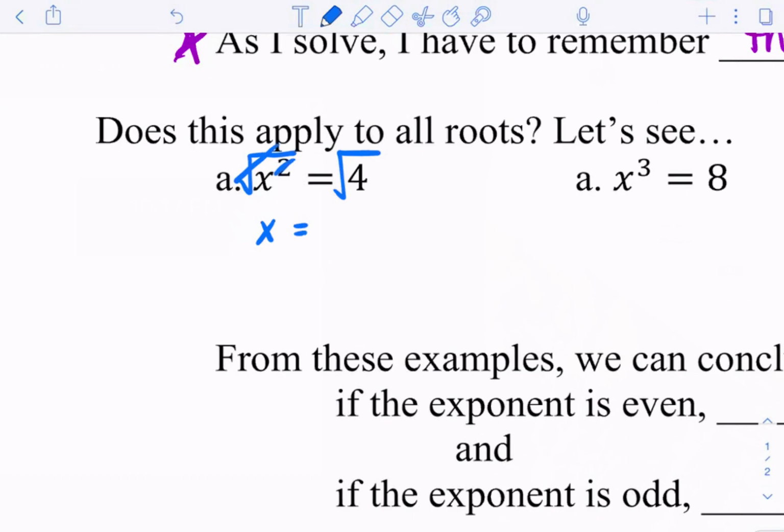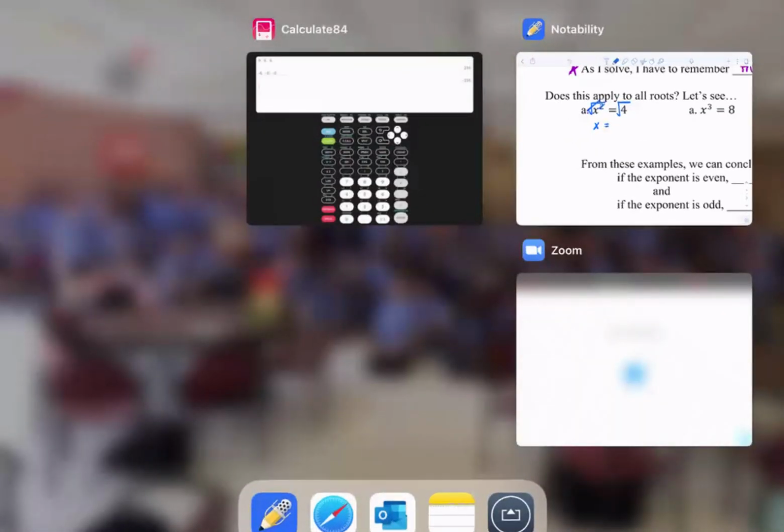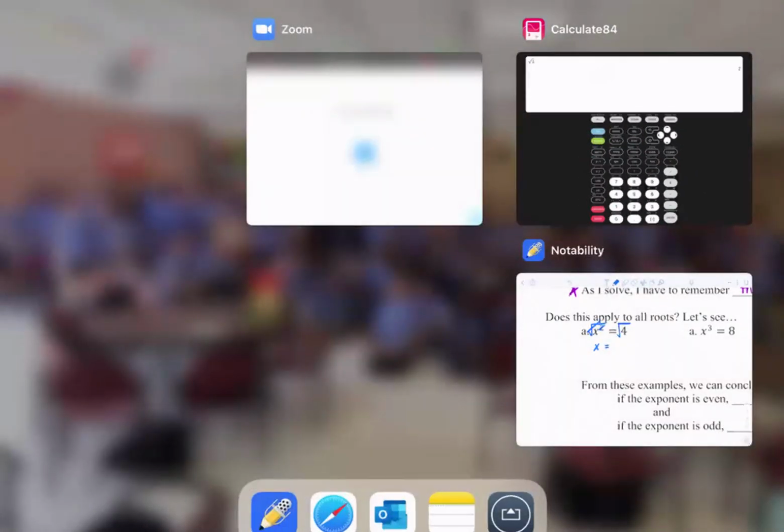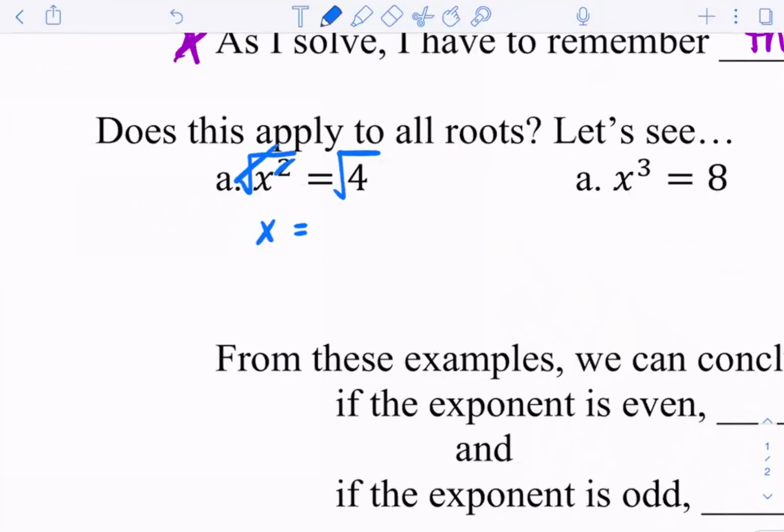You could do this right in your calculator, where you can do the square root of 4 equals. Now, your calculator only gives you the answer 2, but we just learned that when we do a square root, it's a positive or a -2.